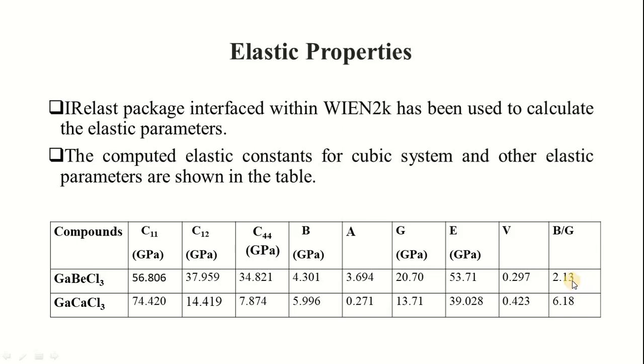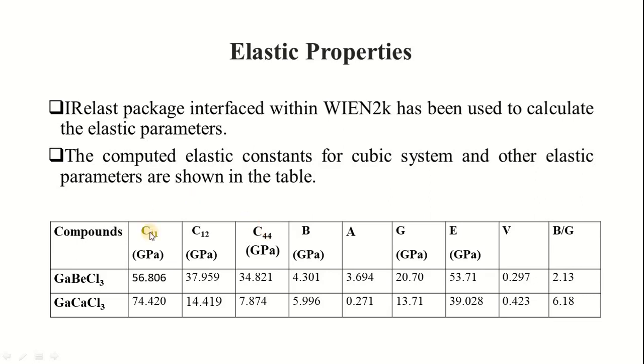In other words, we can say that the BG ratio, the Poisson ratio, and Cauchy pressure indicate ductility. Cauchy pressure is actually the difference between the C11 value and the C44 value. If the difference of C11 and C44 gives us a positive number, we will consider the compound ductile.